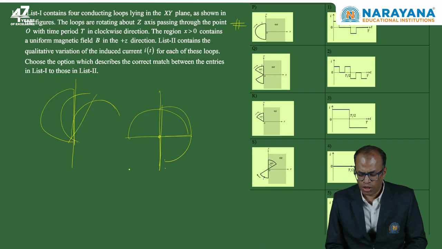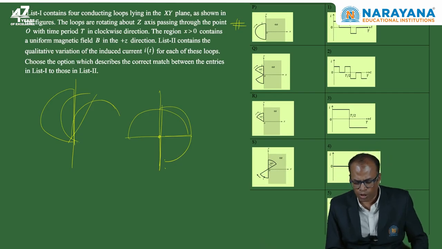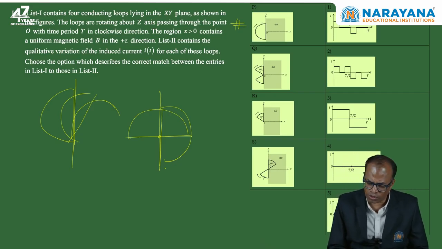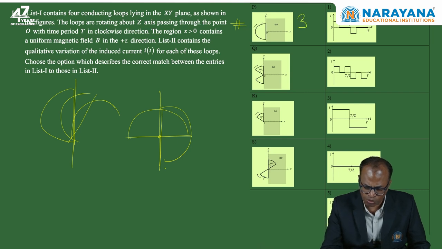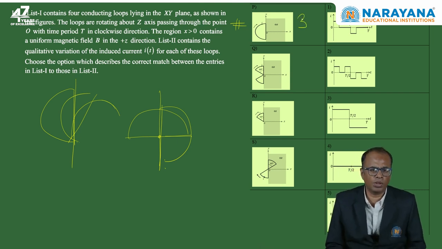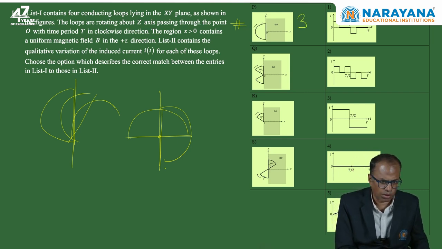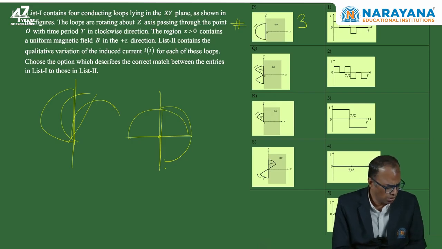So first it will completely enter and then it will completely move out. So first flux will increase and then the flux will decrease. There will be no state in which some constant flux will be there, so it must match with option 3. So P must match with option 3. I'll keep the options also ready, they are not printed here.